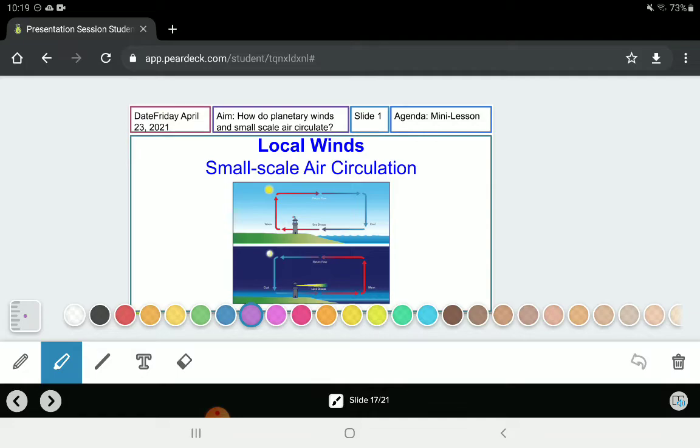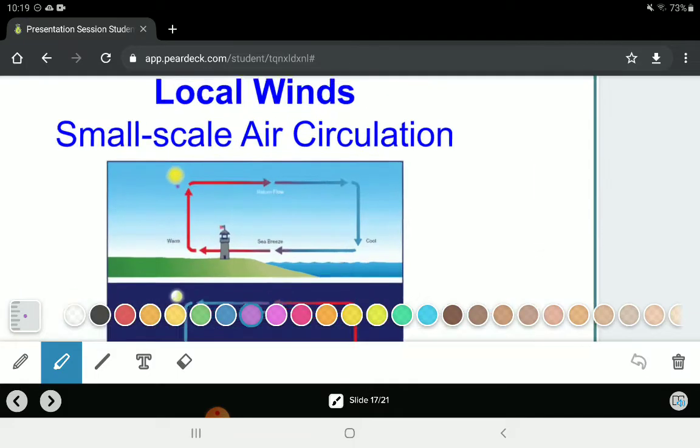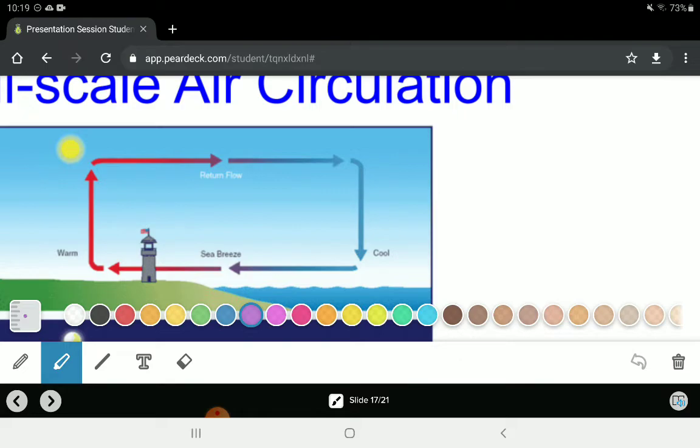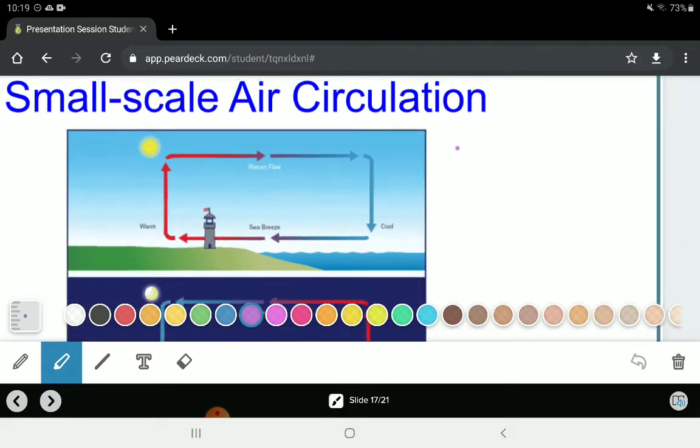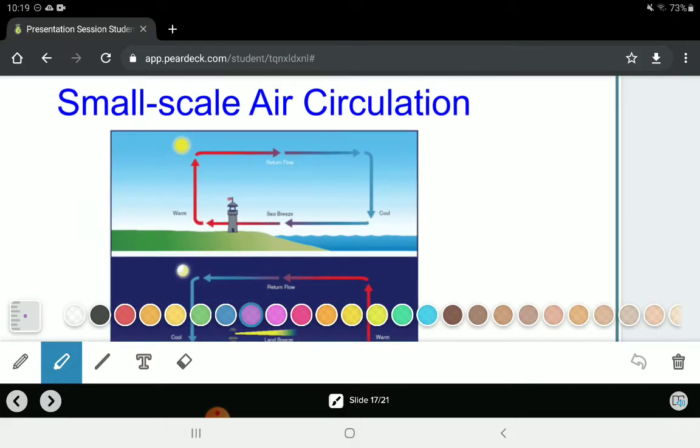Our last few slides here are about local winds. So these are small scale circulation. If you look on this diagram, during the daytime, the sun is heating up the ground and it is heating up the ocean. So the ground is going to heat up fast, and water does not really change temperature, so it's going to heat up very slowly.